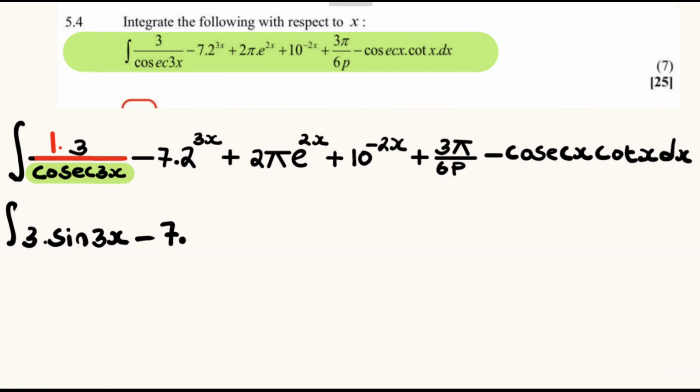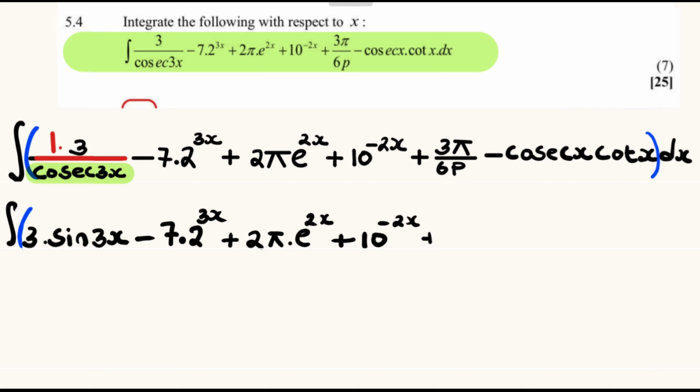So I'm just going to fast forward for the rest of the terms. Alright, so now we can integrate.